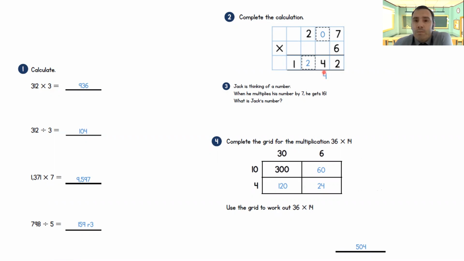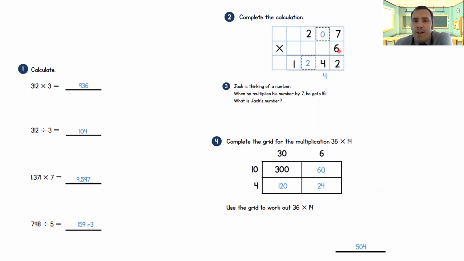Now, we've still got 4 in here. What could go in here? Well, 0 fits really nicely because we know that 6 times 0 is 0. Whenever you multiply anything by 0, you get 0. That gives us our 4 in here.